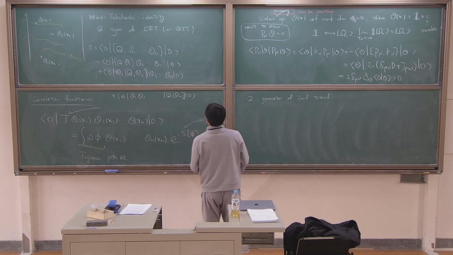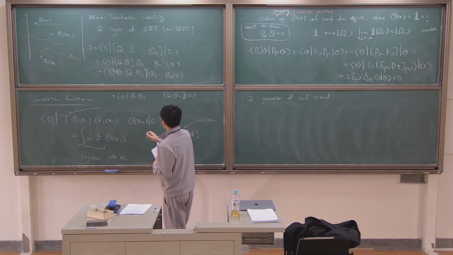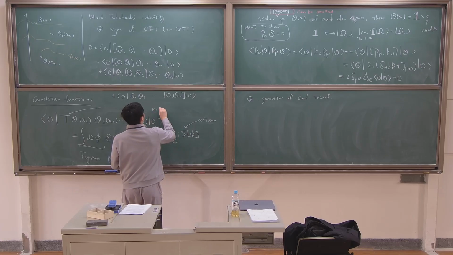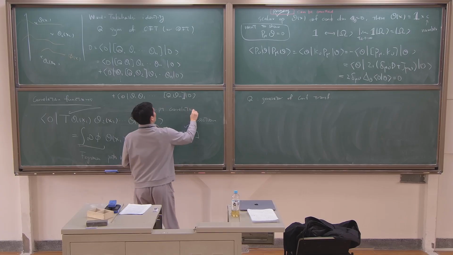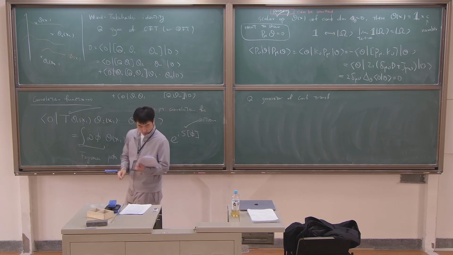So this is called the n-point correlation function.